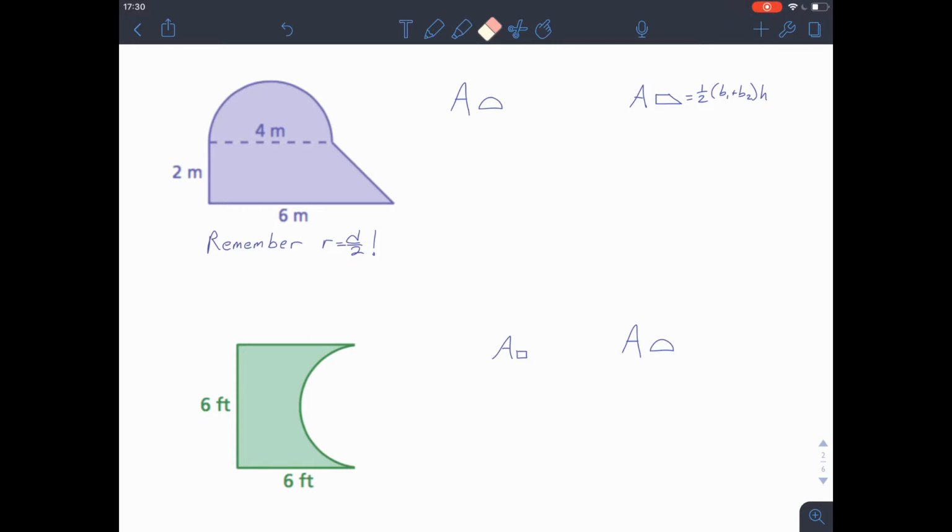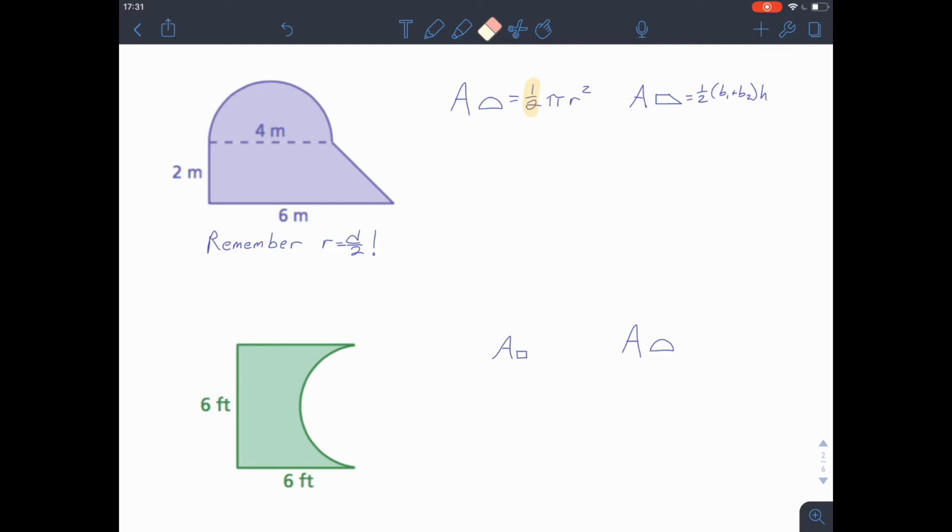But there's no formula on there for a semicircle, so since a semicircle is half of a circle, I take the formula for a full circle, and then I just find half of it, and that's my formula for my semicircle. So half of the area of a circle, which is pi times radius squared. I'll find the area of the semicircle first, just because it's on the left here.